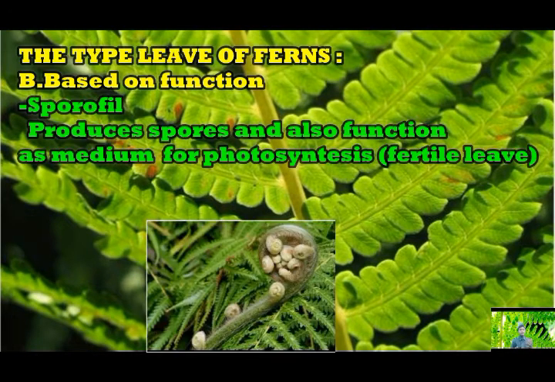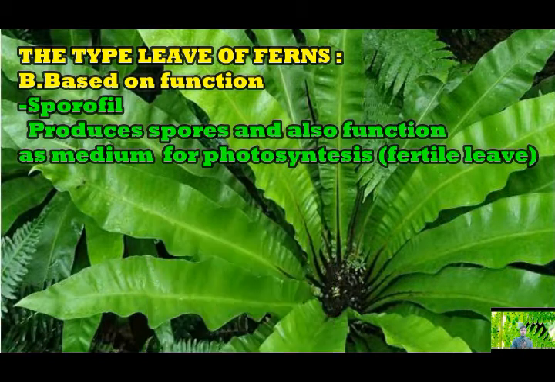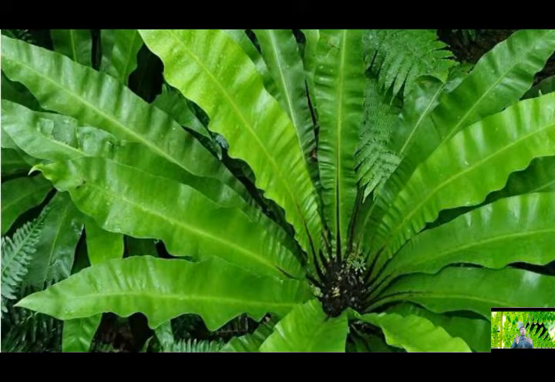What's the meaning of sporophyll? Sporophyll is a leaf that produces spores that play a role in the propagation of new individuals. However, it can also function as a medium for photosynthesis, and is also known as fertile leaves.